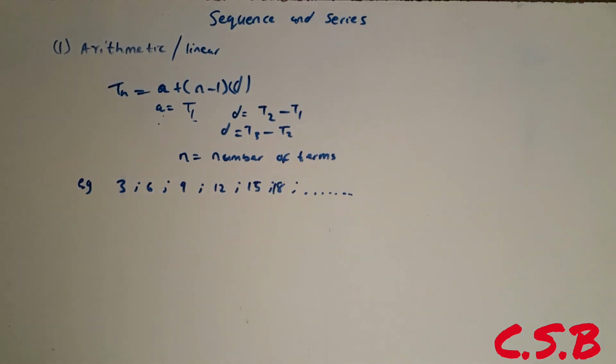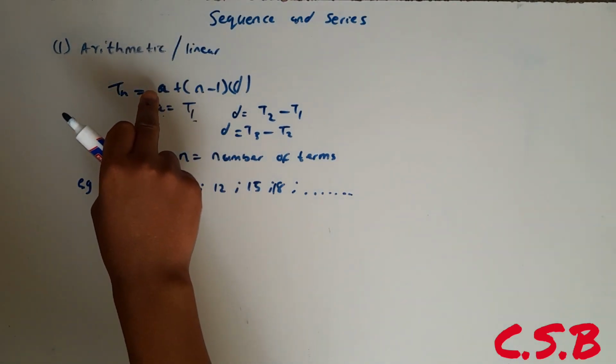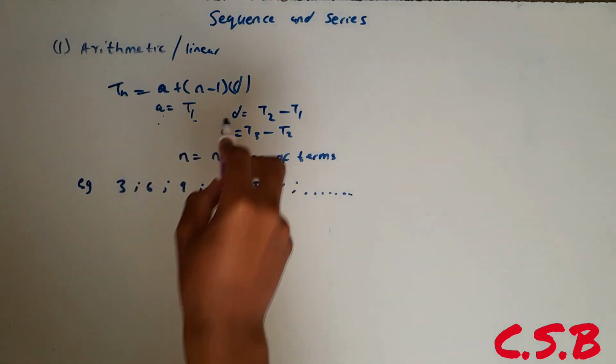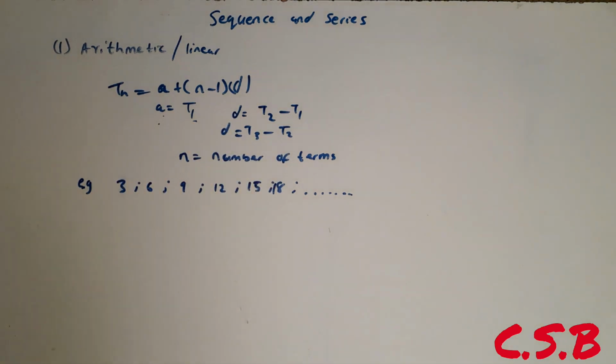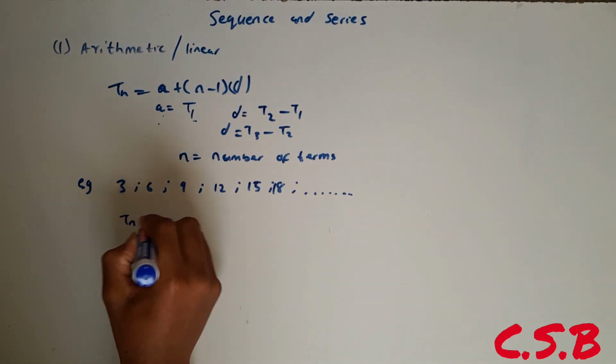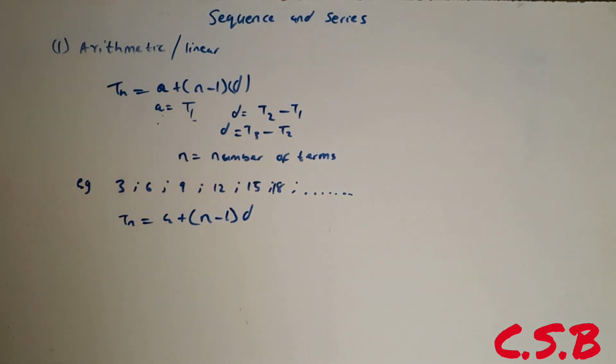Obviously, we should find these two unknowns, your a and your d. Then you can find the general equation. So we could say Tn is equal to a plus (n minus 1) d.